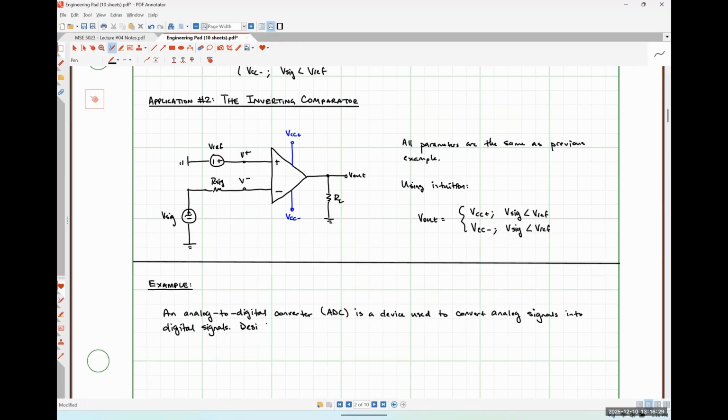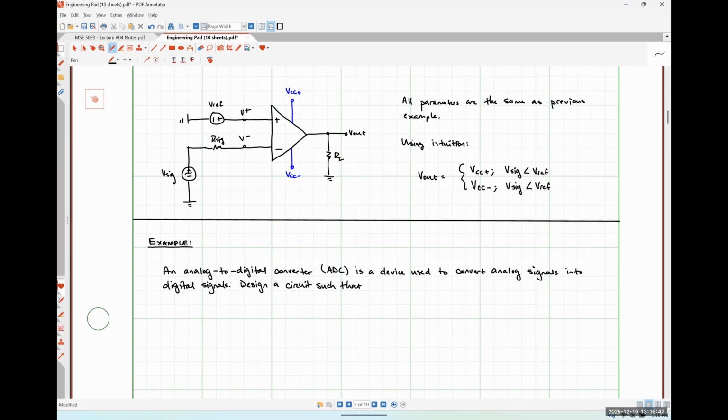We are going to design a circuit such that any input signal greater than 3 volts generates a digital high, which will be 5 volts at the output.